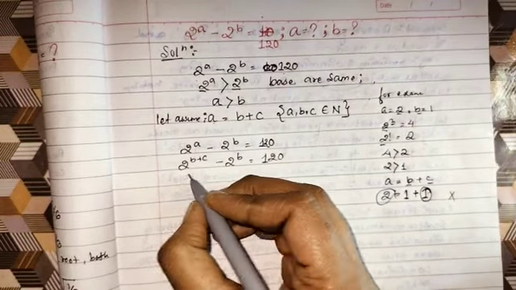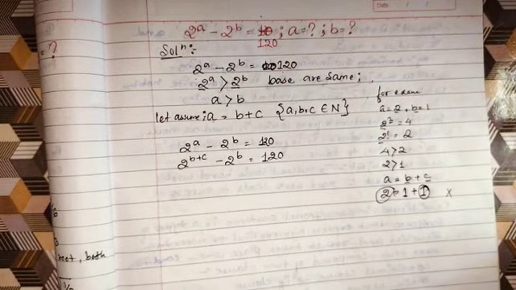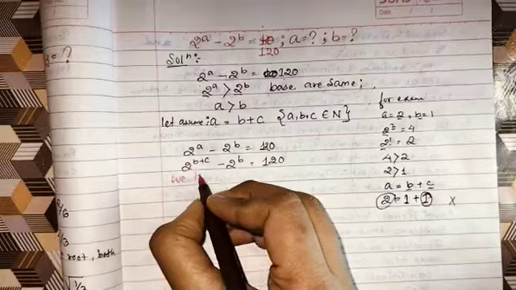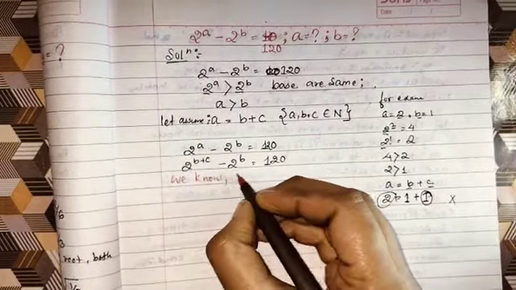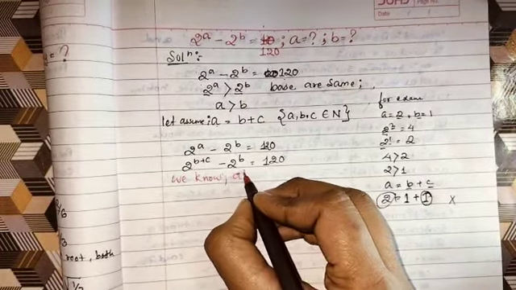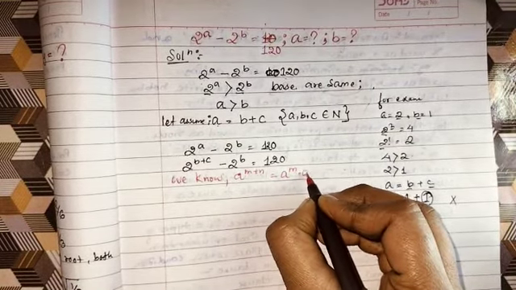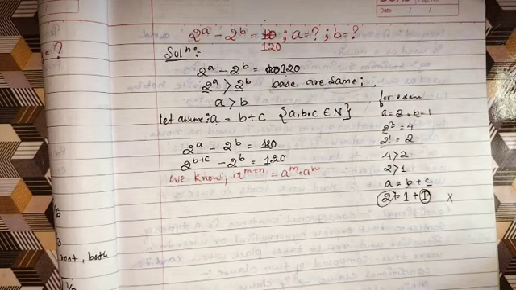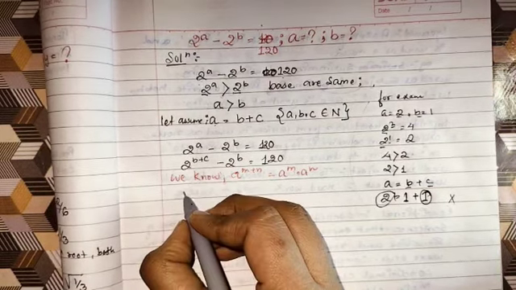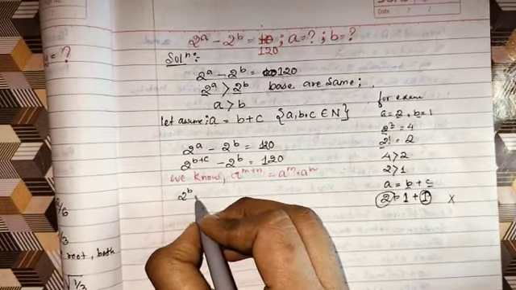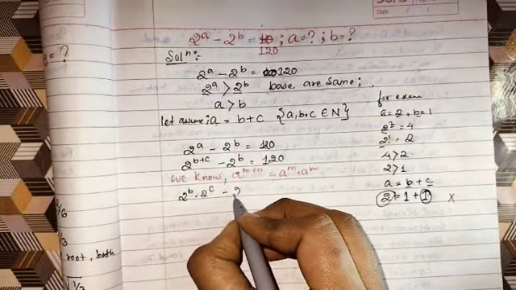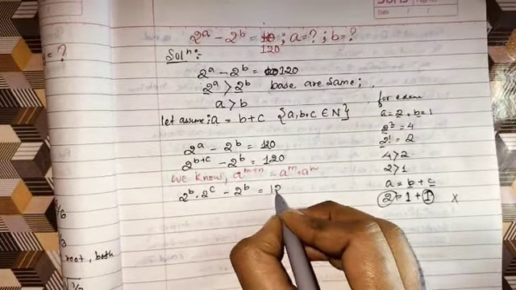Now what we can do is, we know a to the power m plus n can be written as a to the power m into a to the power n. This is a law, this is a rule. So now here what we can do is 2 to the power b into 2 to the power c minus 2 to the power b is equals to 120.